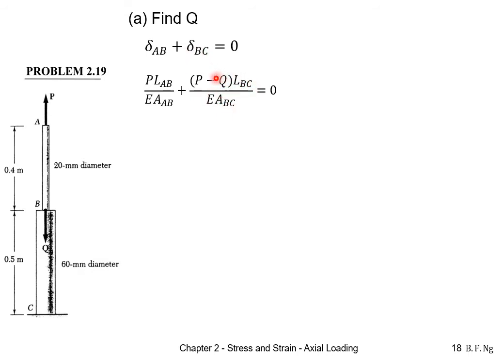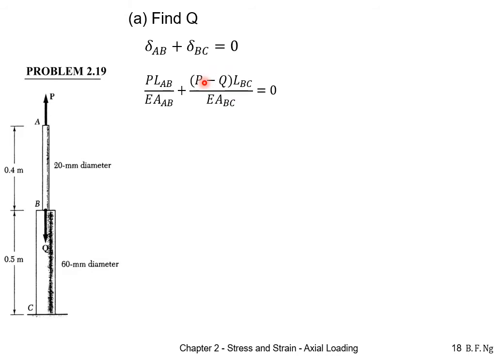The force acting on BC itself will comprise P and Q, while the force acting on AB is only P. Here, we take Q to be negative because it is in contraction.